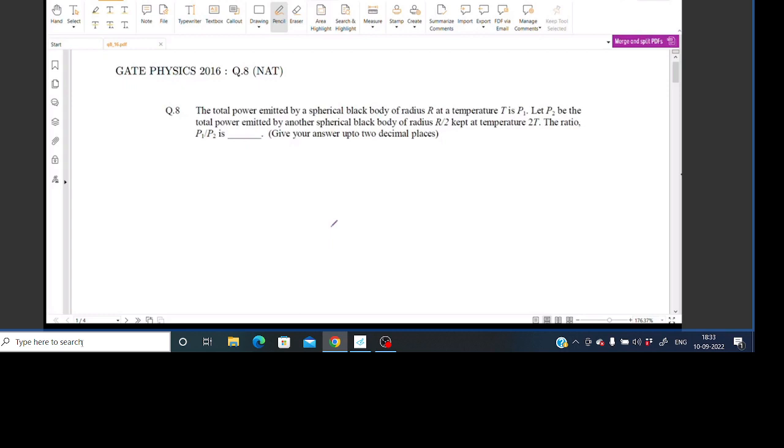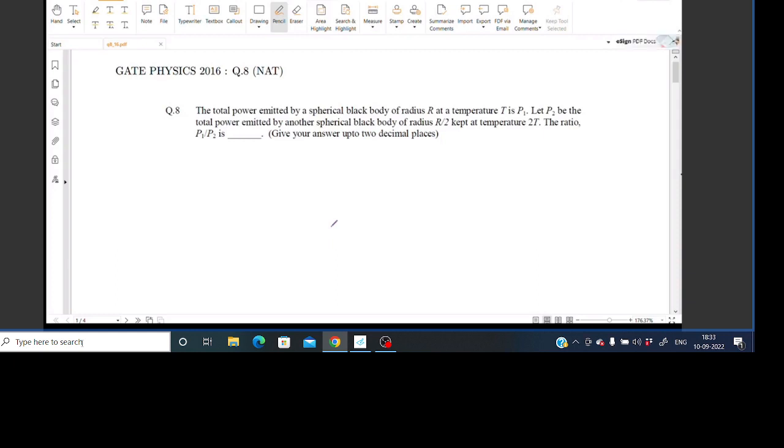Let P2 be the total power emitted by another spherical black body of radius r by 2 kept at temperature 2T. We need to find out the ratio P1 by P2.